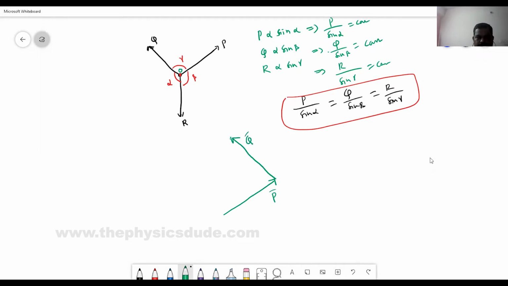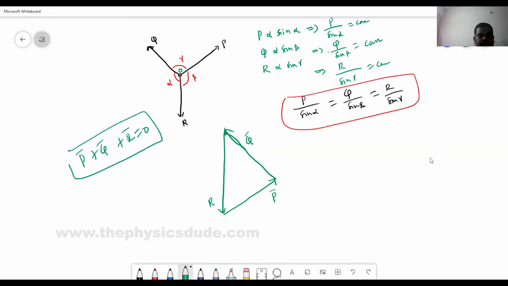And this R bar is vertically downward. We know from triangular vector addition, if three vectors are in order, P bar plus Q bar plus R bar is 0. Resultant 0 means only then the body is in equilibrium.